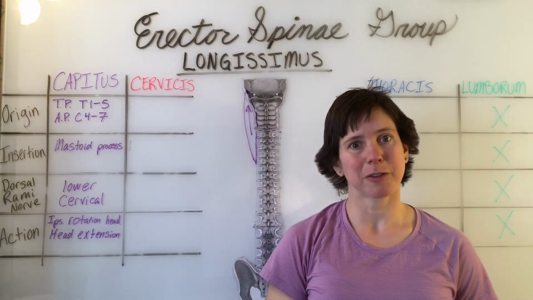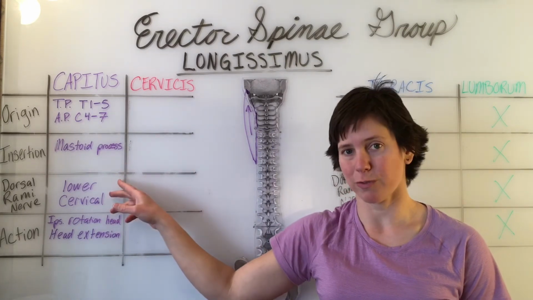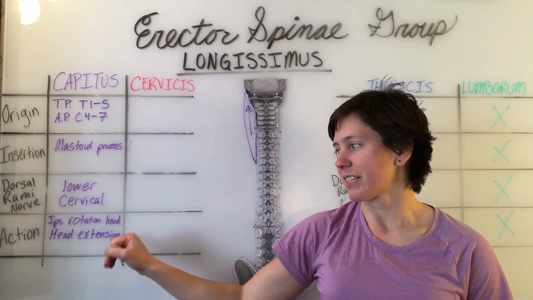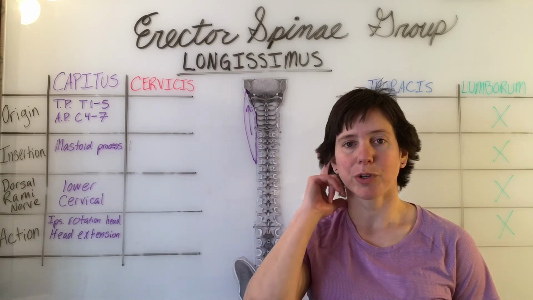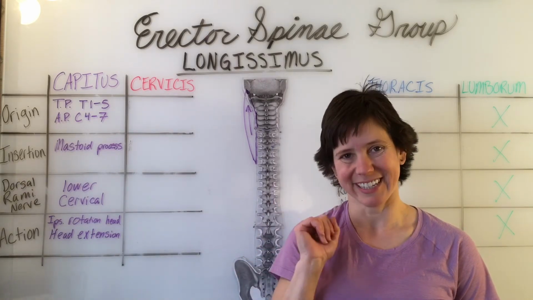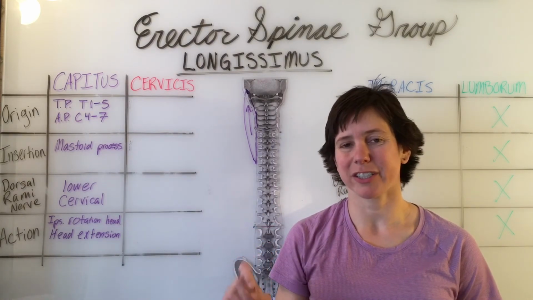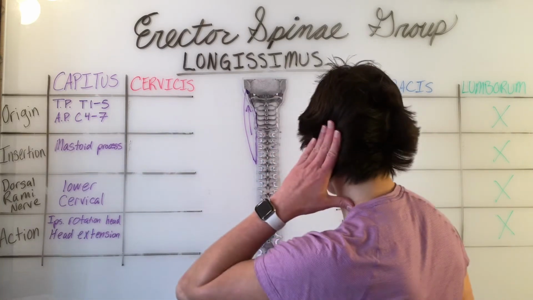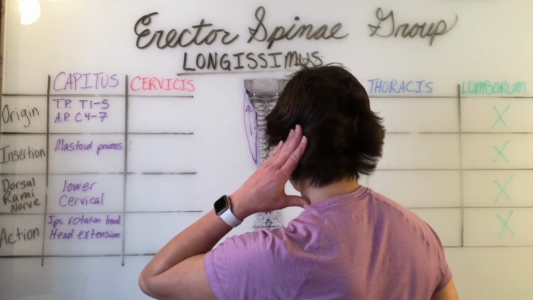It is innervated by the dorsal rami of the lower cervical nerves, and its action is ipsilateral rotation of the head and bilateral extension.